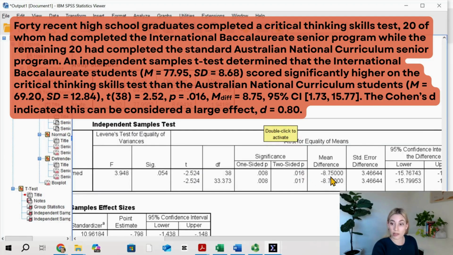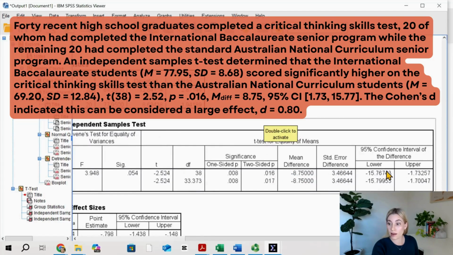We also include the mean difference between our two groups and the lower and upper confidence interval for the mean difference. What that tells us is that the true population mean difference sits between negative 15.77 and negative 1.73.